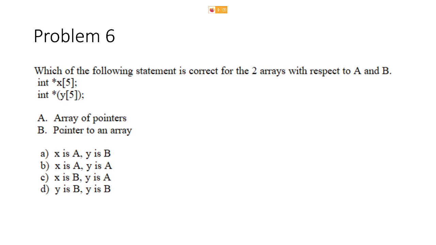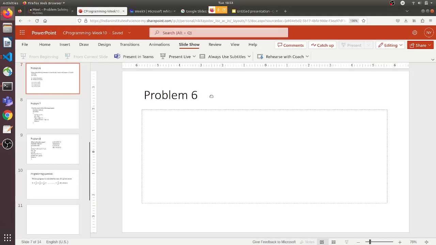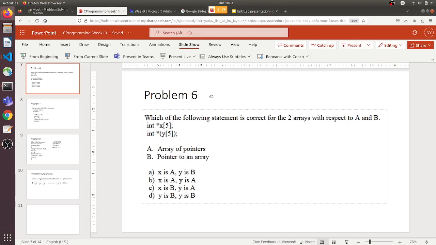How do you declare a pointer to an array? You just write int star p, that is pointer to an integer, and you assign it the address of the array, which is the name of the array.